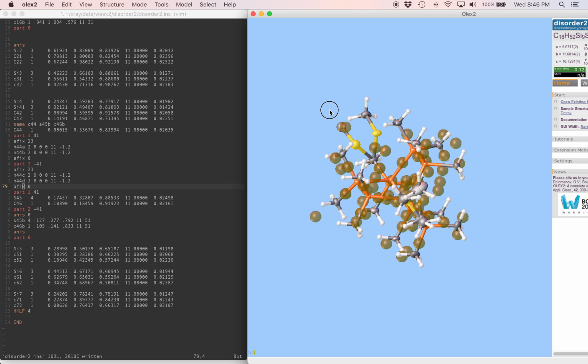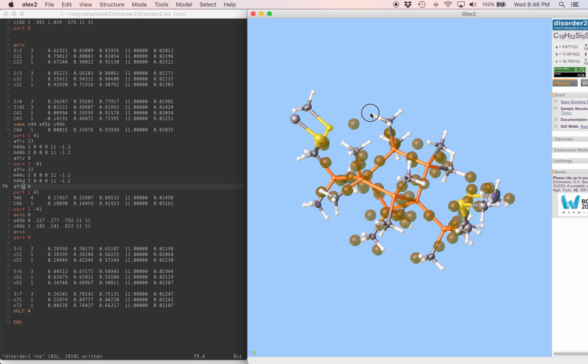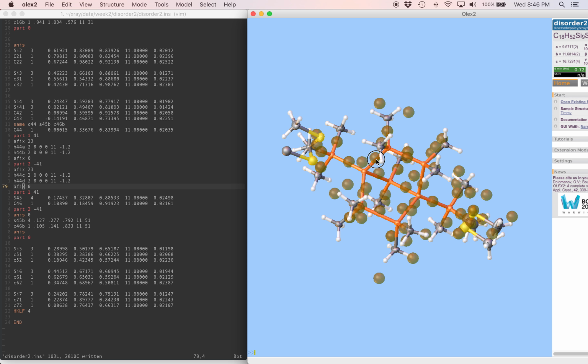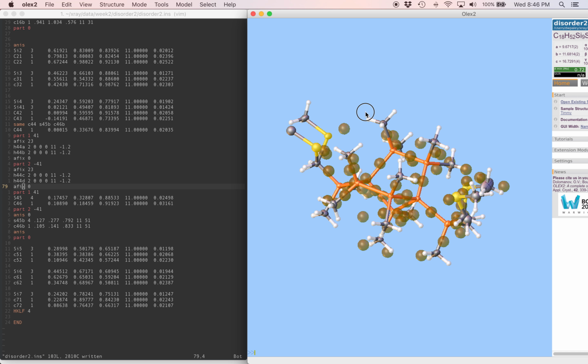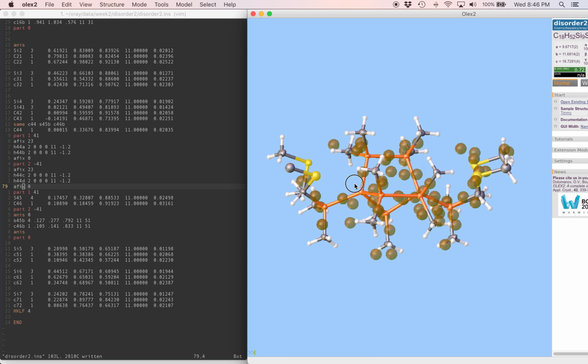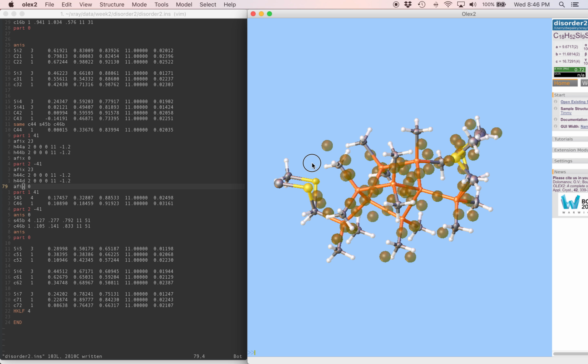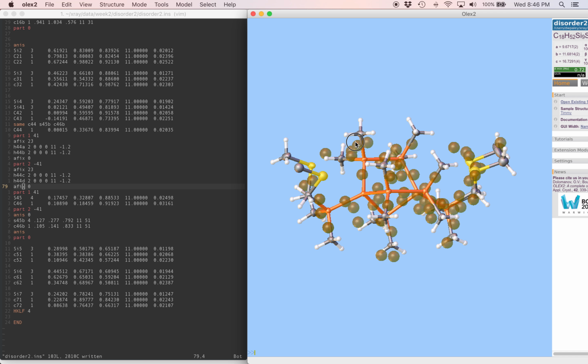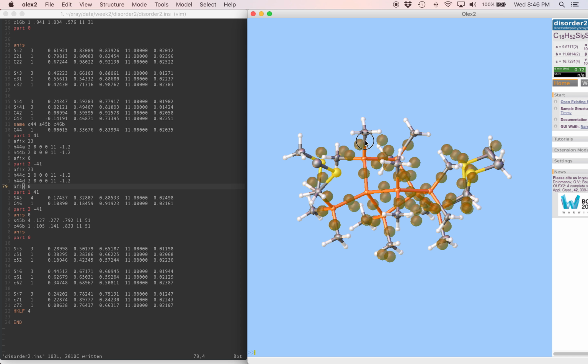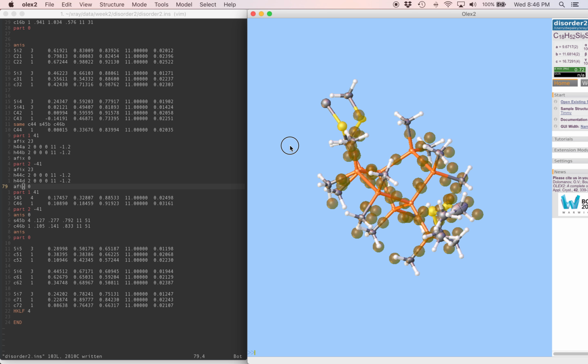We should be happy. How does our new disordered part look? It looks great. The ADPs are the way we left them. We're missing hydrogen atoms on our less occupied C46B, but the geometry is totally reasonable, and now we don't have that little hydrogen atom problem anymore.